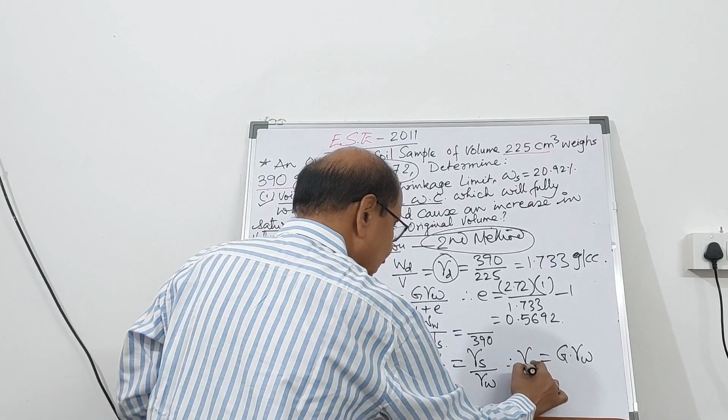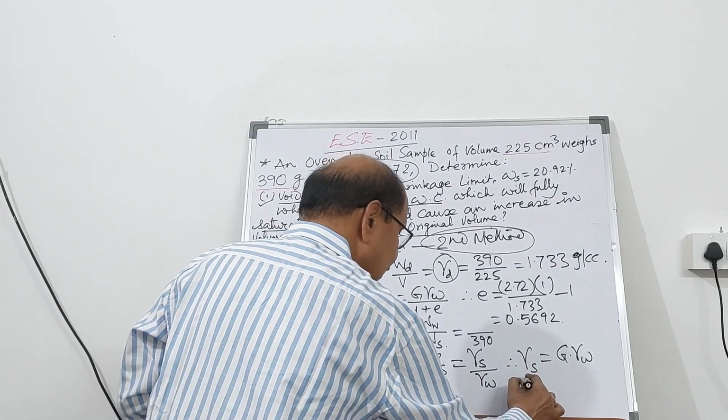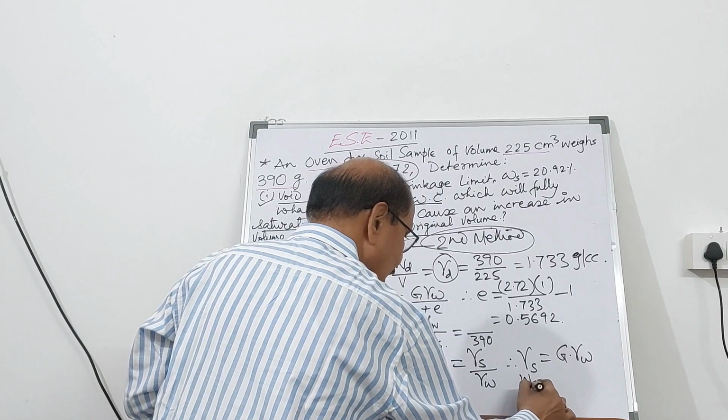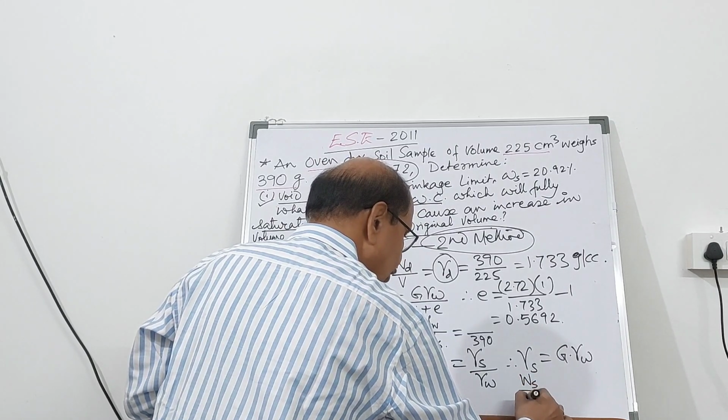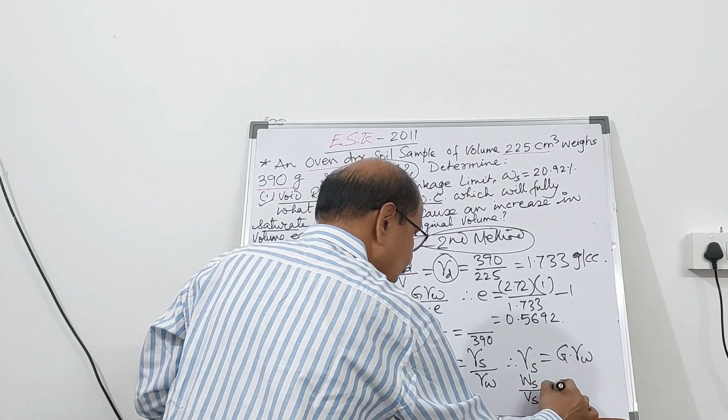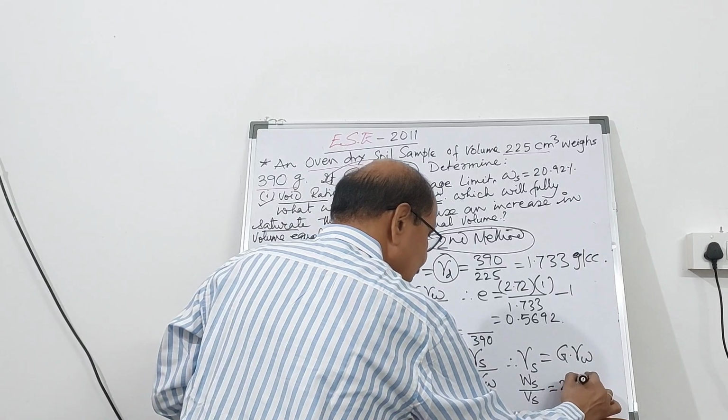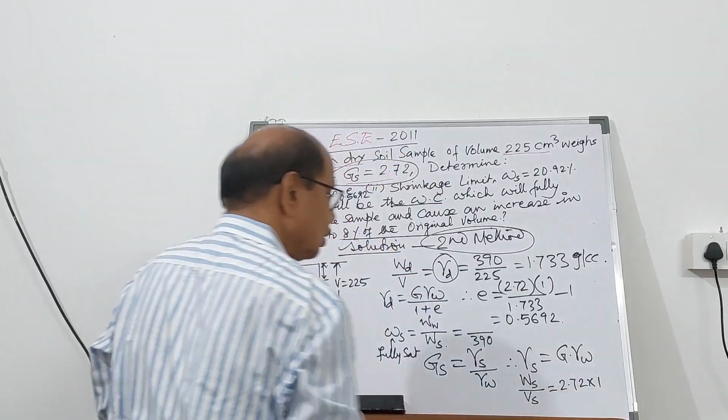Gamma S is the unit weight of soil solids, so weight of soil solids divided by volume of soil solids equal to 2.72 into 1.